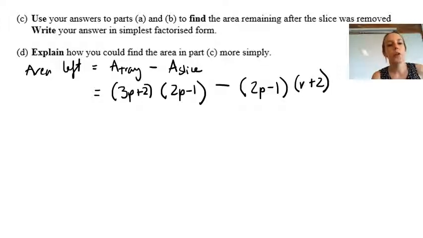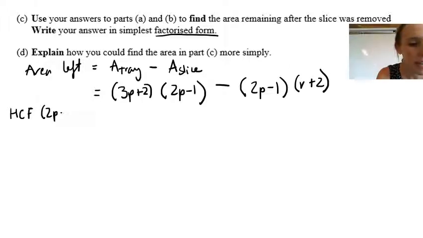There we go. So it wants me to answer in my factorized form. So what I'm going to do is look at my factors, my highest common factor between the area of the tray and the area of the slice. So if I look at those as wholes, I can see that my highest common factor, which I'm going to write over here, is actually going to be 2p take 1, because the area of the tray has that and the area of the slice has that, because they both have, what was it, the width?